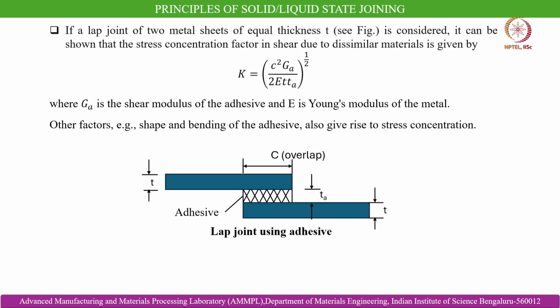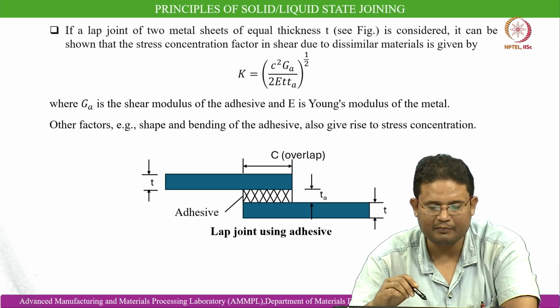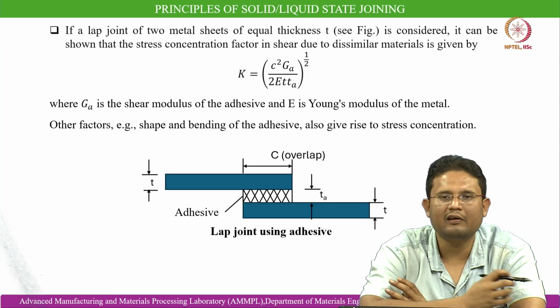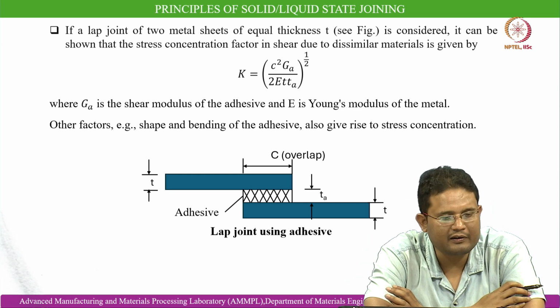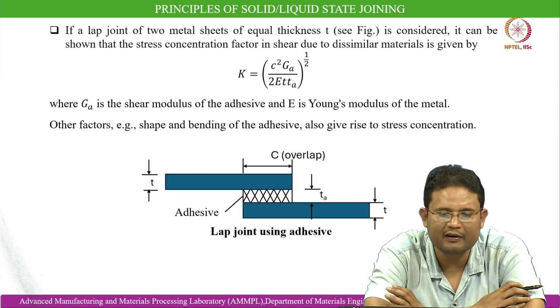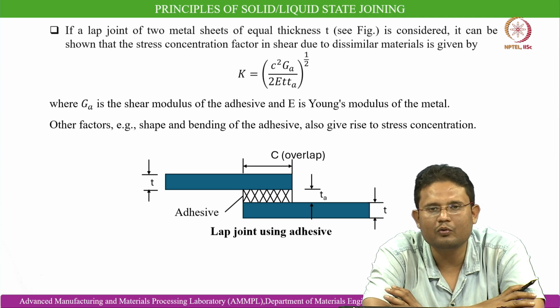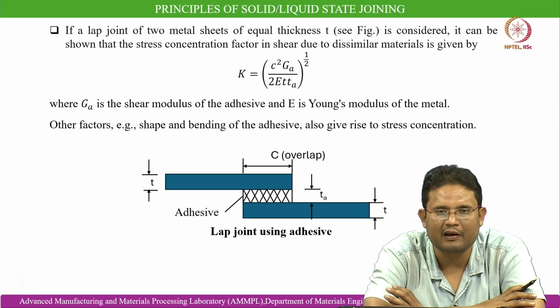Consider a lap joint of two metal sheets of equal thickness t, as shown here, joined by the adhesive bonding route. In this case it can be shown that the stress concentration factor in shear due to dissimilar materials is given by the factor K, equal to (C square G A by 2 E t t A) to the power half. What is G A here?